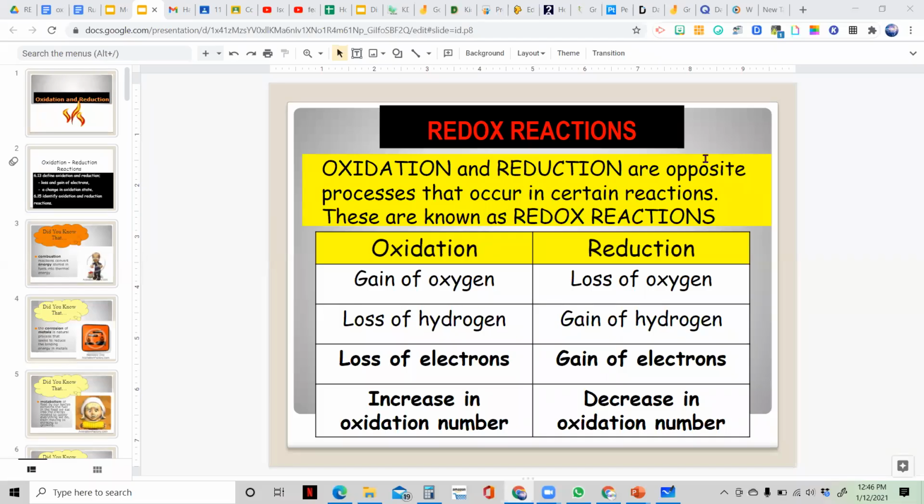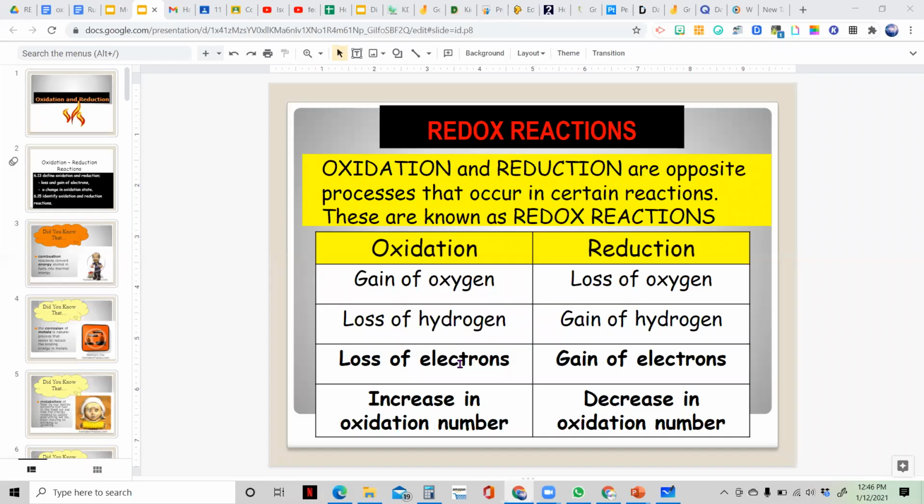Realizing that it was limited, it was then modified to looking at loss and gain of electrons. Now, depending on the type of reaction, you may not necessarily readily pick up loss and gain of electrons. So another definition was looking at increasing and decreasing oxidation numbers, right?